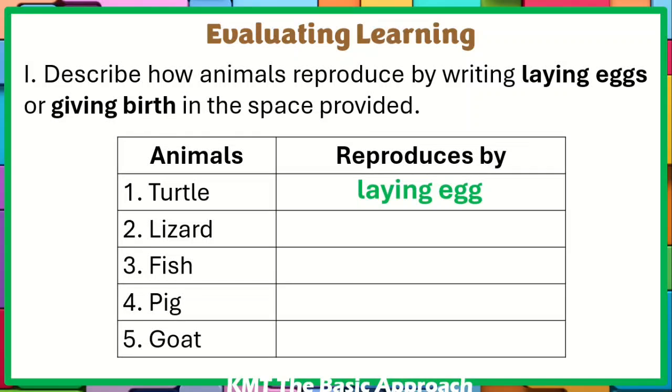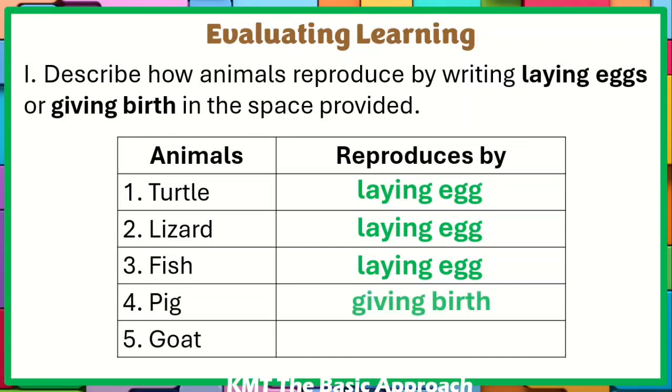Number 2. Lizard reproduces by laying egg. Number 3. Fish reproduces by laying egg. Number 4. Pig reproduces by giving birth.